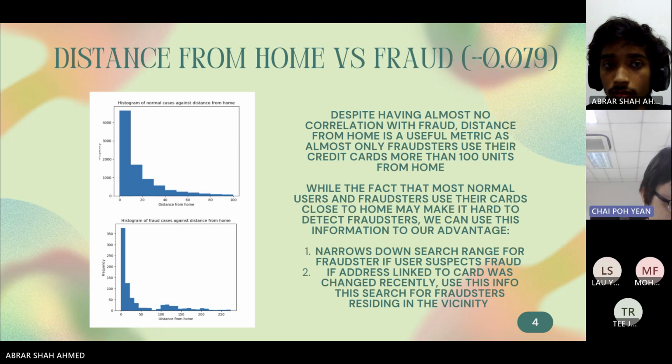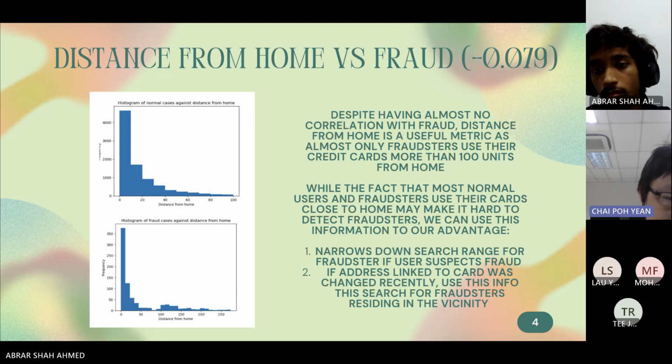Okay, now we look at distance from home versus fraud. Despite this correlation being very small with fraud, distance from home is actually a very useful metric because almost only fraudsters use their credit cards more than 100 units from home, as per the graph.